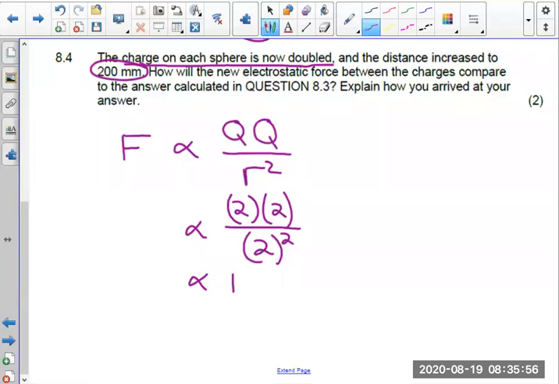Okay, so you can use this equation or this method to explain your answer. So it's going to stay the same, and that's the reason why: the force is directly proportional to the product of the charges and inversely proportional to the square of the distance between the two charges. Okay, so this is what you can give for an explanation.